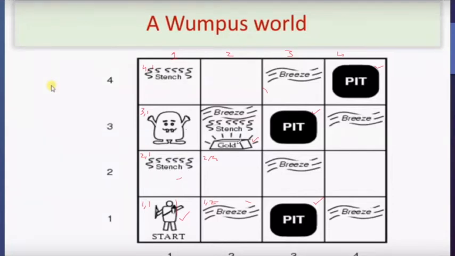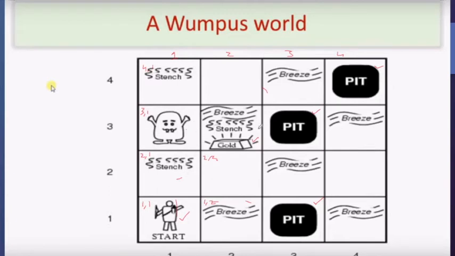If there is a gold, you can feel a glitter. Glitter is another type of sense that you can feel. So all these things you can feel. And if you are here in the starting, definitely there is no stench, there is no breeze, there is no glitter. Why? Because in the adjacent blocks there is no pit, no monster, and no gold.